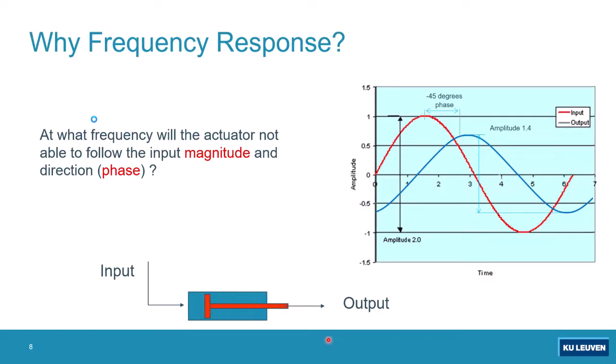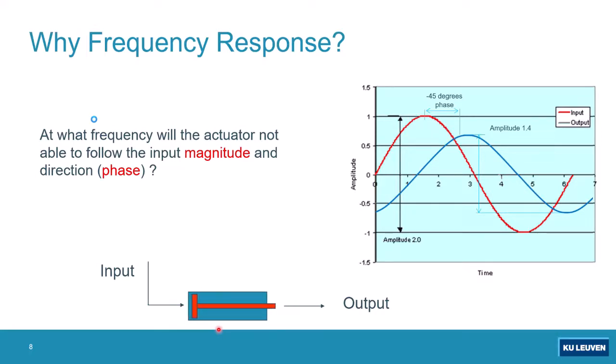At an even higher frequency, we might have a case where the amplitude of the output, again at the steady state condition, is attenuated further. As you can see here, the amplitude of the response is even smaller than the amplitude of the output in the previous case.